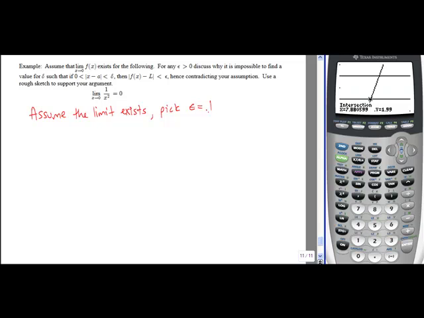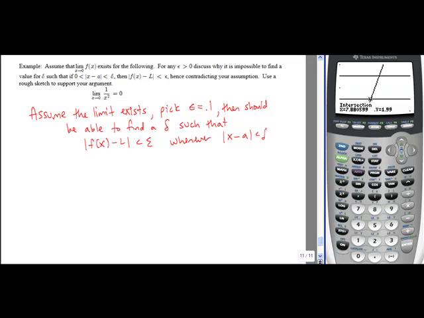And if we pick this particular epsilon, then we should be able to find a delta that works. And when I mean that it should work, it means that that relationship, that f of x minus L less than epsilon, is true whenever x minus a is less than delta.